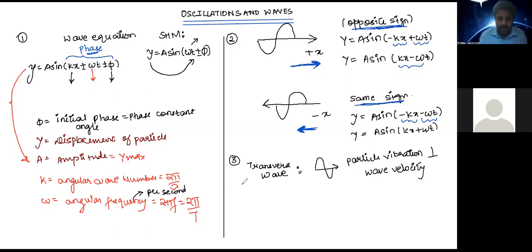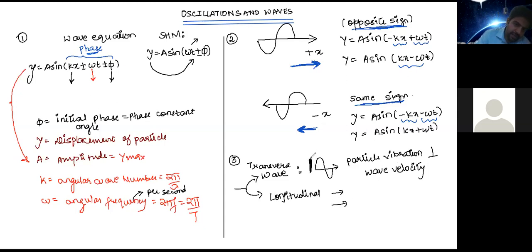Now, what is the other kind of wave that we read? Longitudinal waves, right? How do you characterize them? Particles oscillating in a direction parallel to the wave velocity.